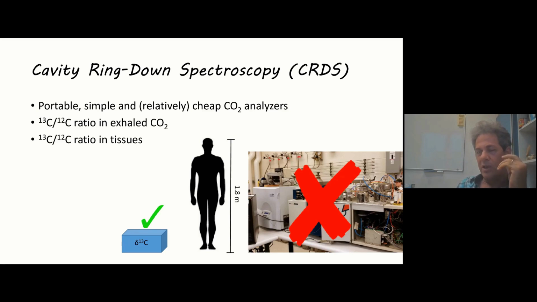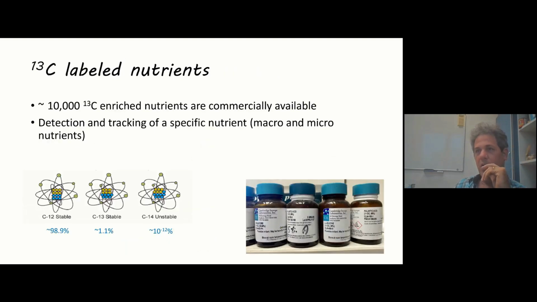So first I have to say that during the last decades, the stable carbon isotope analyzer became very compact, very affordable, and easy to work with. And you can use them as classic respirometry to measure the ratio of carbon isotopes in exhaled breath, and also to measure in specific tissues the ratio between the stable isotopes. And I'll show you some implications of it.